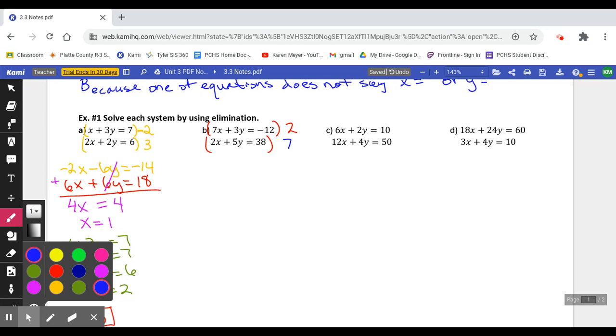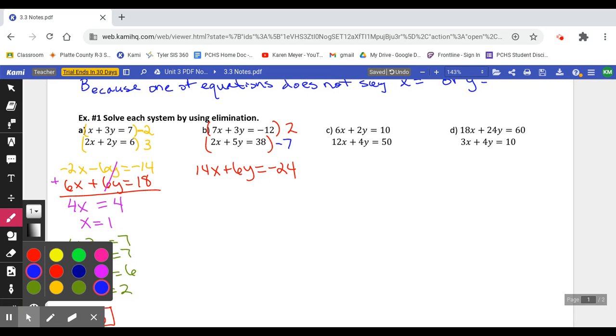Now, when I look at my signs, I'm going to notice right now that they're both positive x's. So that means one of them has to be a negative. I'm going to randomly choose, and this time I'm going to choose the bottom one to put the negative with. So on the top, multiply each one by 2, and you get 14x plus 6y equals negative 24.